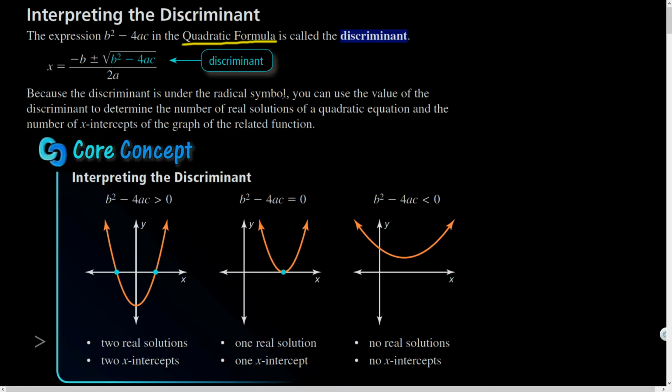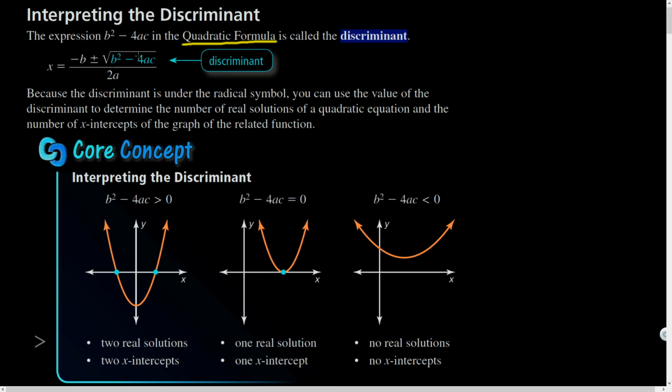And since it's inside the radical, you can limit its possibilities or identify its possible outcomes. Whenever it's positive, I know that radical will give me two real solutions. Whenever it's equal to 0, the square root of 0, plus or minus 0, is going to give me a single real solution.